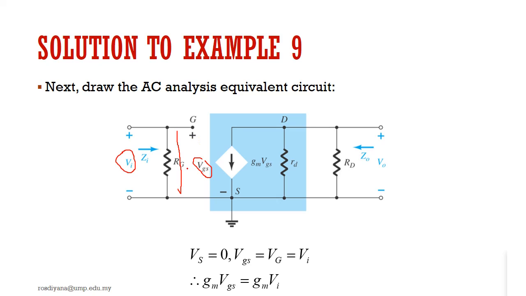So Vin equals VG equals VGS. It has the same value. Then S here is 0, because there is no resistor, so VGS is equal to VG and equal to Vin. Now we know that the current here is GM VGS. So we insert Vin for VGS because we know that VGS equals VG equals Vin. So this is the equation that we can get from this.